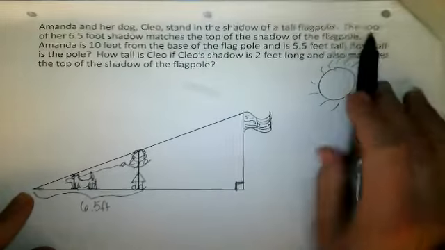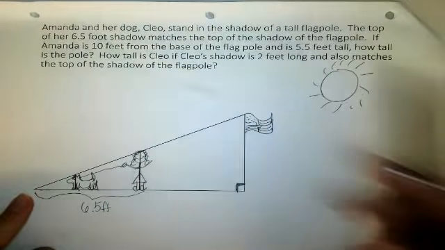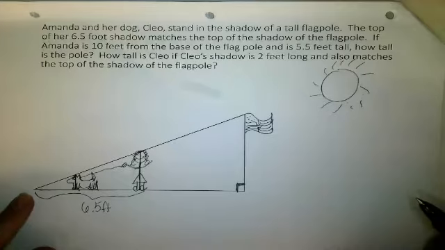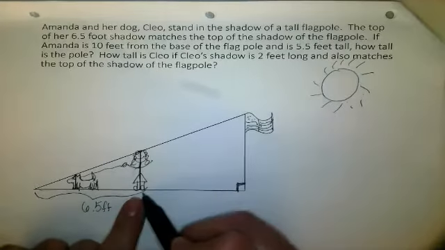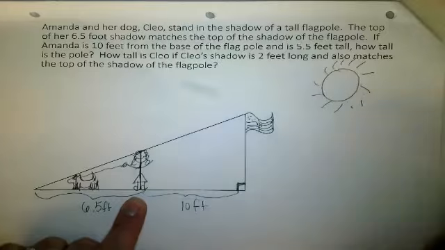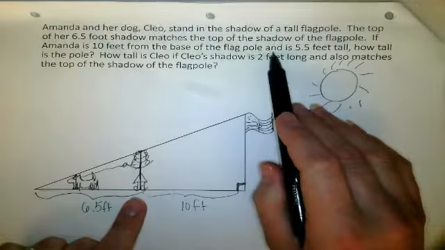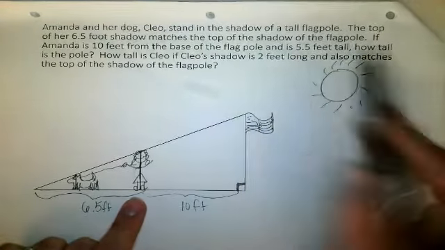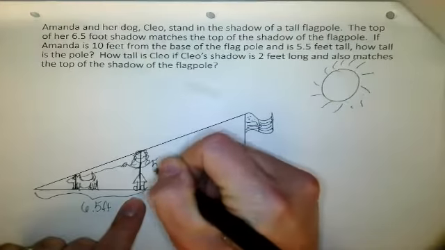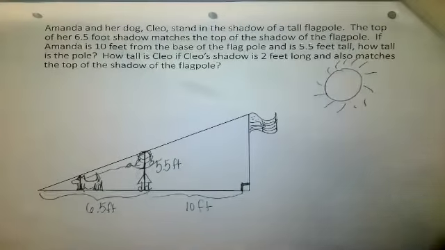And if Amanda is 10 feet from the base of the flagpole, where is the 10? It's in between you and the flagpole. Yeah, so between me and the flagpole, I'm 10 feet from the base of the flagpole. All right. And Amanda is 5.5 feet tall, so my height is 5.5 feet. That's true. All right. So how tall is the pole?